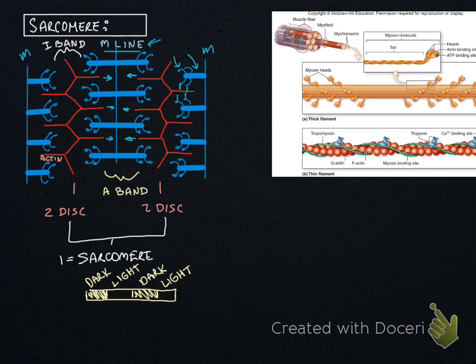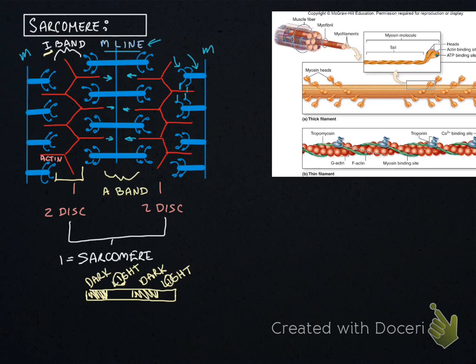So now, this region right here is made up of only actin. And the places that it is only actin are considered the light band, or the I band. So light, I. Light has an I in it, so that's how I remember it is the I band.